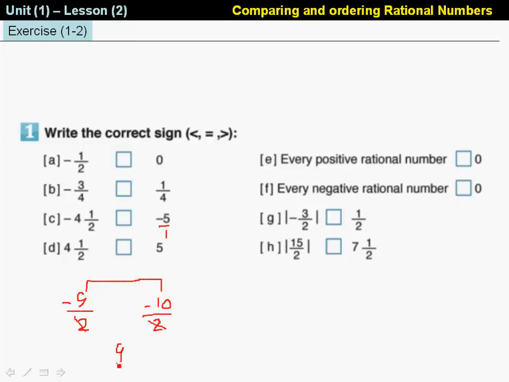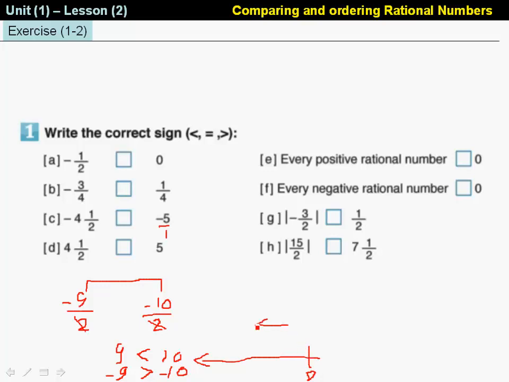If you have 9 and 10, you will say 9 is less than 10. But if you have minus 9 and minus 10, you have the reverse, which means minus 9 is greater than minus 10. If you are not sure about your answer, please use the number line.